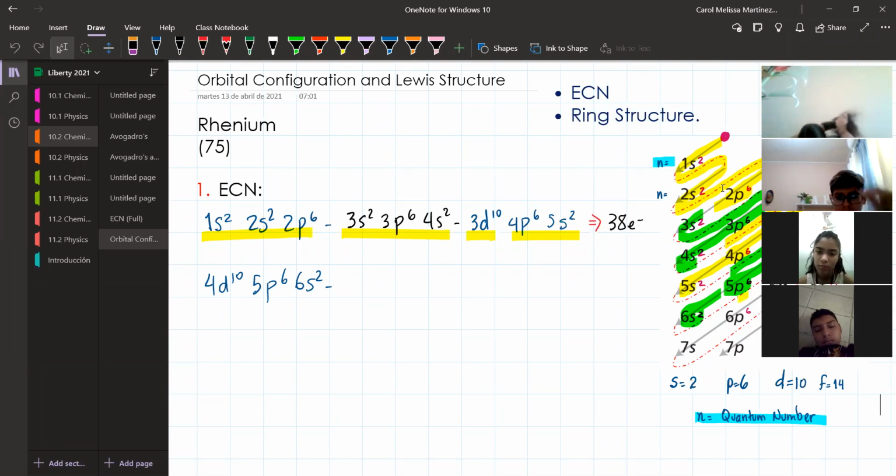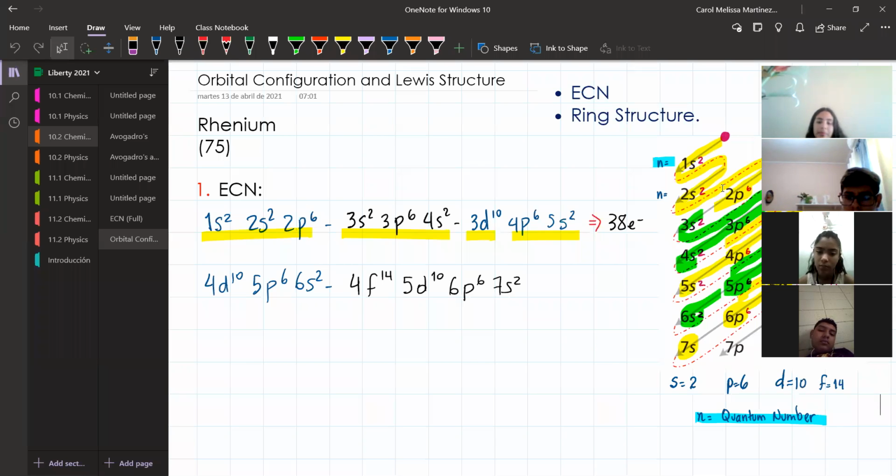I follow the dash line up to 4f14, 5d10, 6p6, and 7s2. Let's see if I'm gonna use it. I don't know if I'm gonna use it. 4f14, 5d10, 6p6, and 7s2. Let's see.